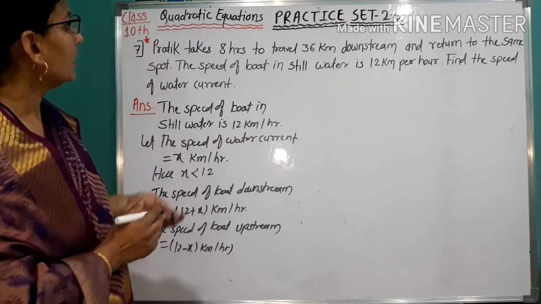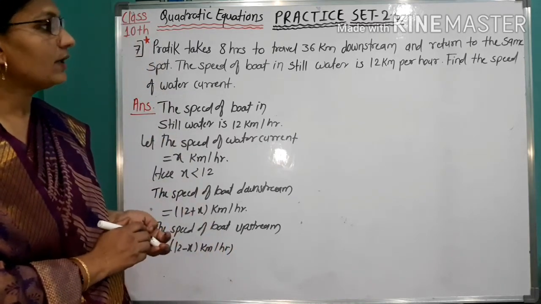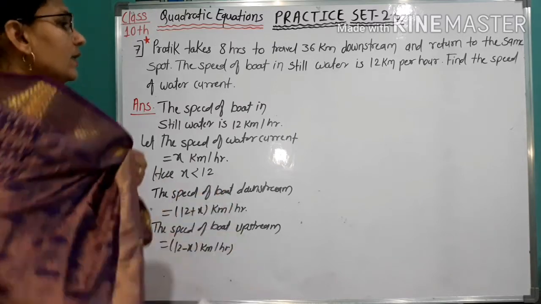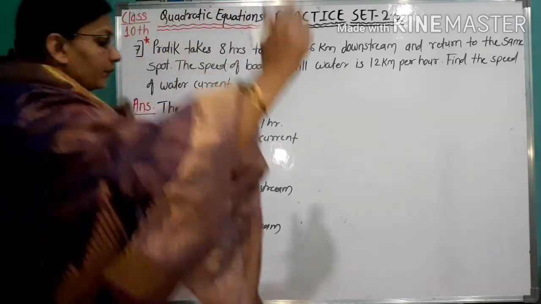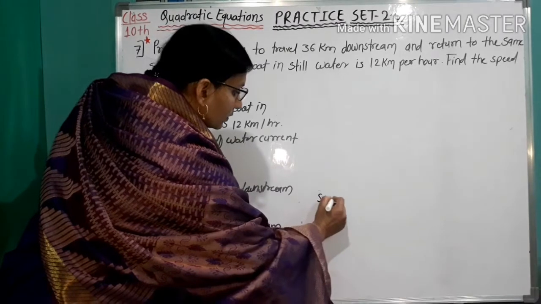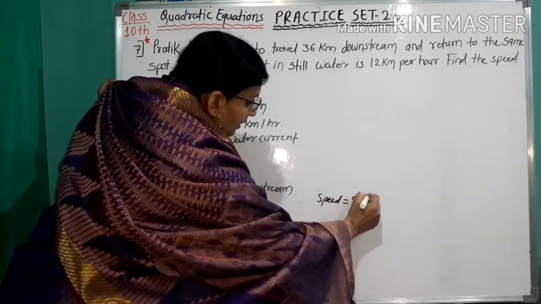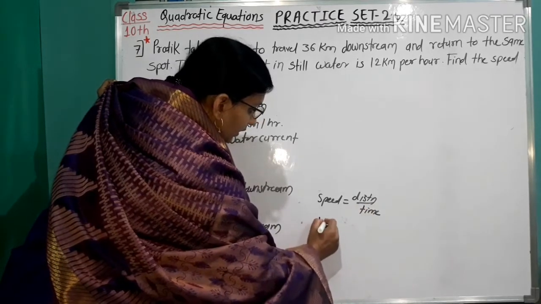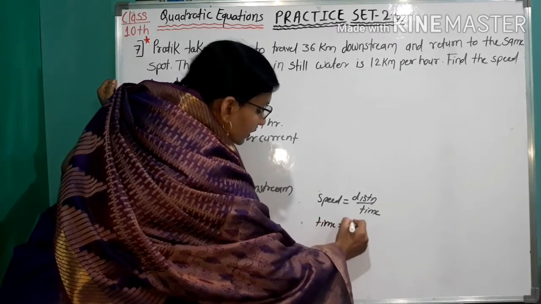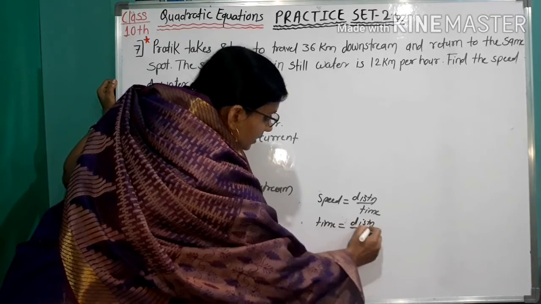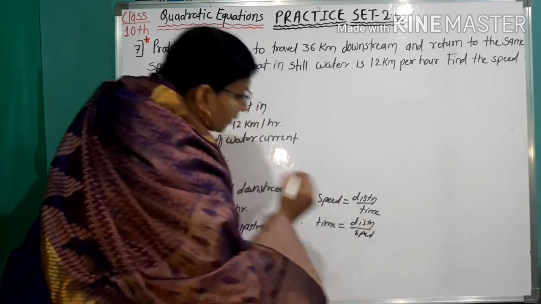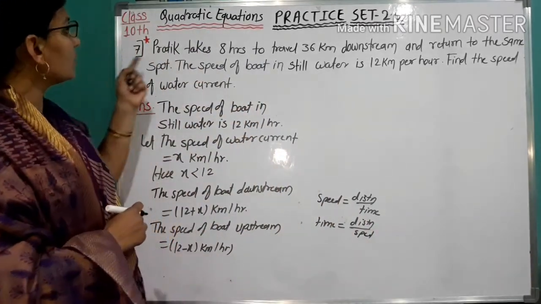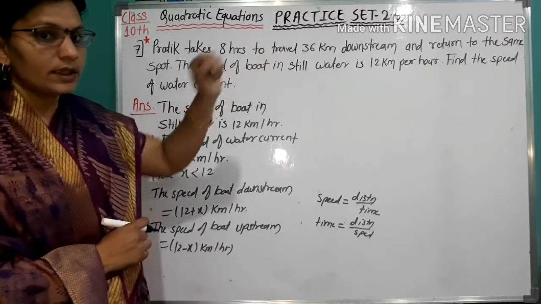And he takes 8 hours to travel this distance. So by the given condition, we know that speed equal to distance upon time, and therefore time equal to distance divided by speed. Pratik takes 8 hours to travel 36 km.